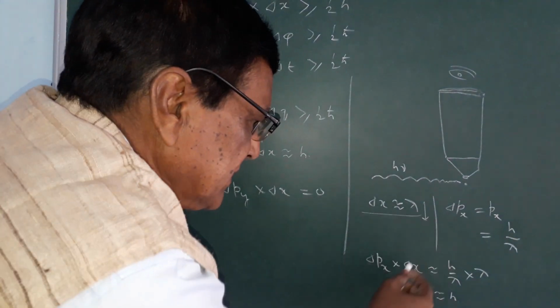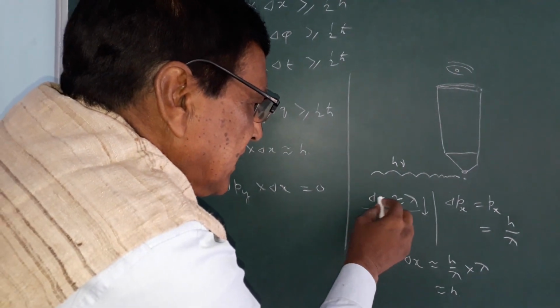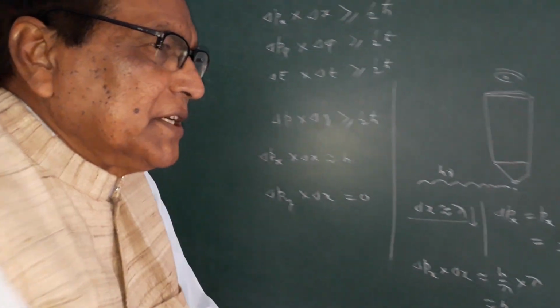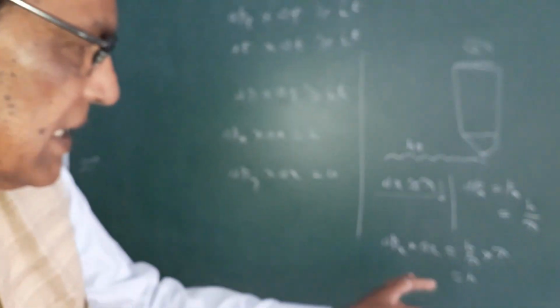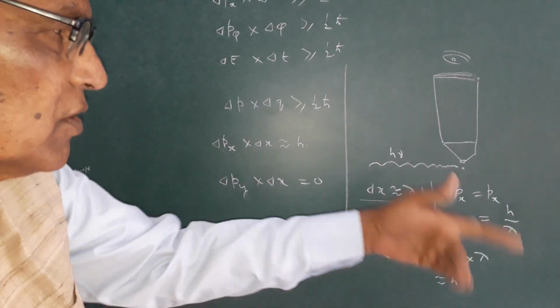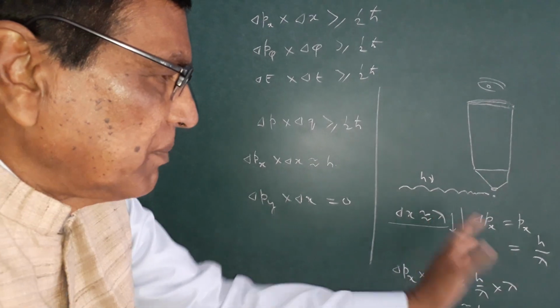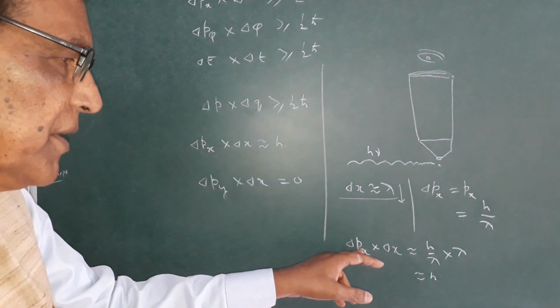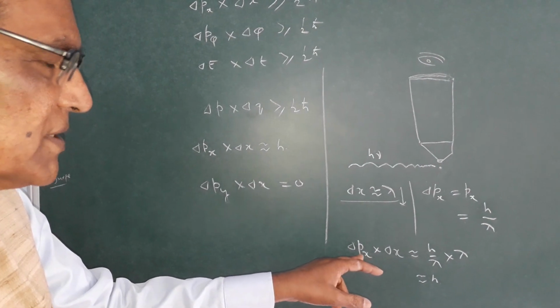Whenever lambda is small, delta x is small. Whenever delta x is small, delta p x becomes much greater, as the momentum of the photon will also be increased, and there will be much more recoil, and then there is more uncertainty in determining the momentum of the electron.